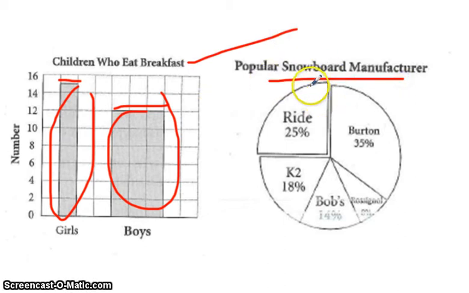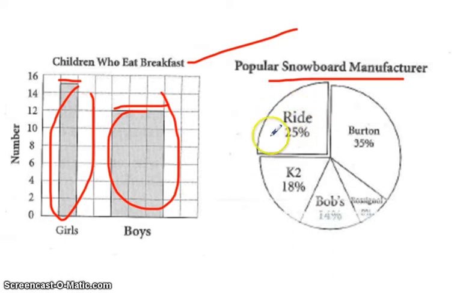The other one, if you were doing a survey on popular snowboard manufacturer, what kind of boards people ride. So what can be misrepresented in this pie graph? Well, as you can see, we've got this section here, Ride, which is 25%, is separated from the rest of the graph, and it has the largest type size as well.